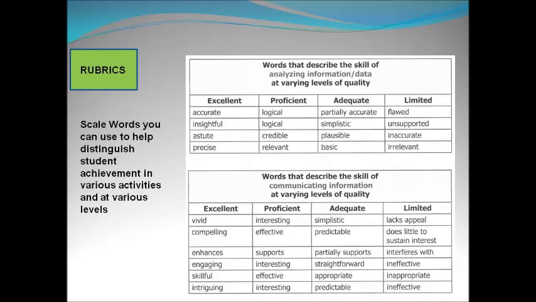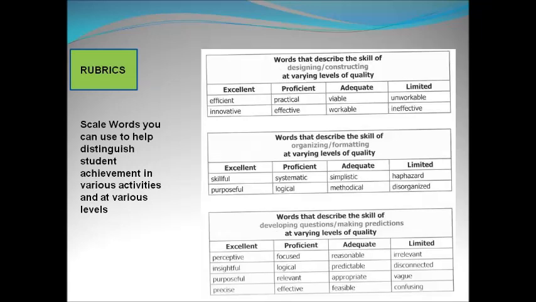So you don't want to get a communication scale word confused or conflated with an analysis word or an analyzing information scale word or something like that, right? These little charts from the AAC can help you when you're thinking about developing your cells, filling in your cells. How do I fill them in properly? This sort of thing.